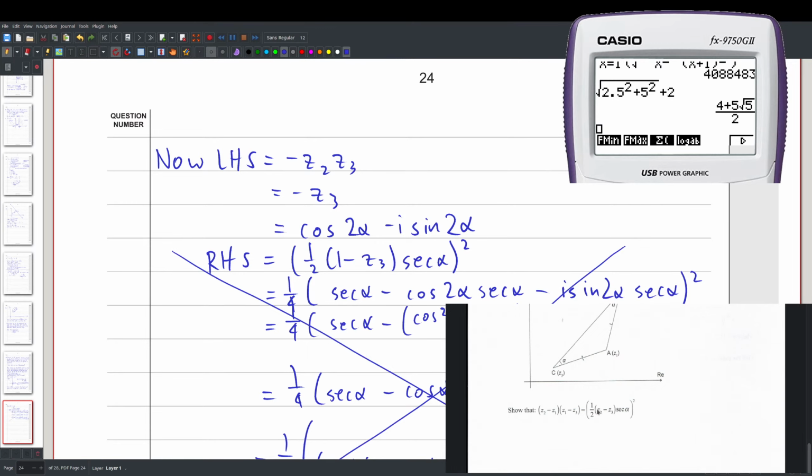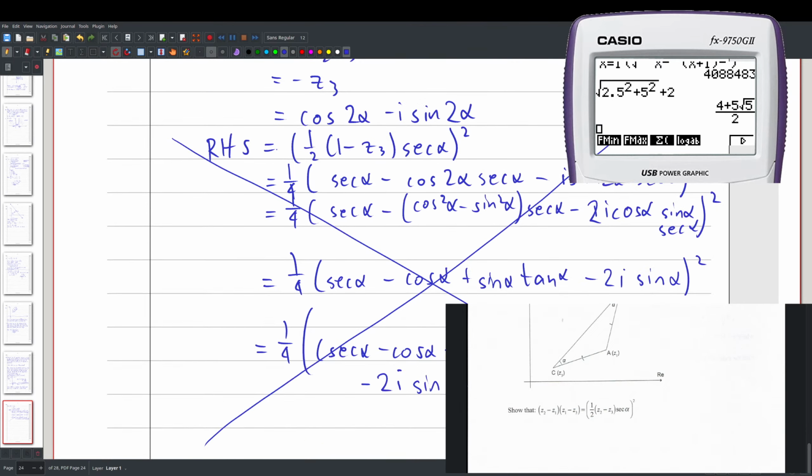Oh, no, I get it, because instead of doing this substitution, you go 2 cos squared alpha minus 1. Then you get rid of this and this. No, wait, do you do that or do you do 1 plus?